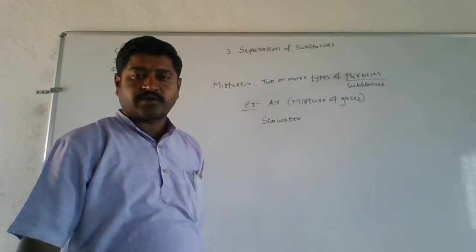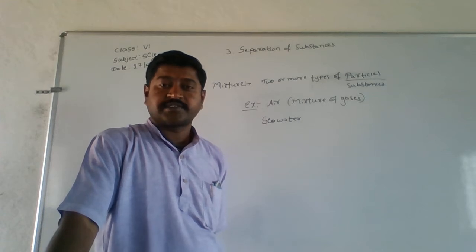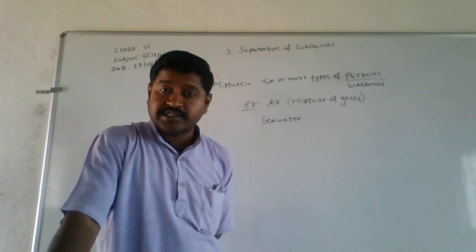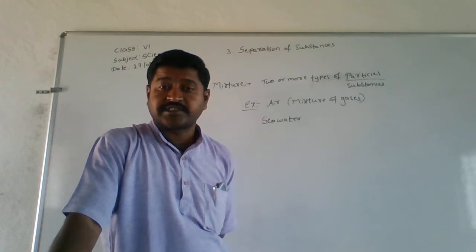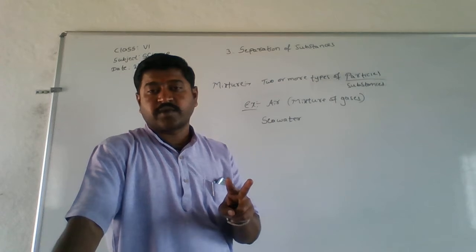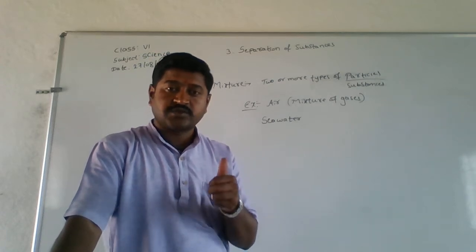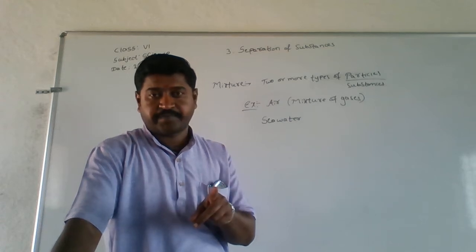Is it a mixture or not? Yes, of course it is a mixture because it has minerals in it. Water is there, and we can find salt. So at least we'll have two particles in seawater. One is water and the other one is salt. So this is a mixture.